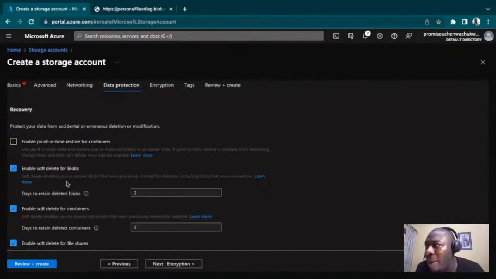So I remember way back 4 to 5 years ago when I started my journey in Azure, this feature wasn't available. The reason this feature wasn't available was maybe at the time they had not really thought about it in that sense. But customers came about and they were saying a lot of things like, "Oh, we need help." Sometimes a customer who really doesn't know how to operate the environment mistakenly deletes his blob.